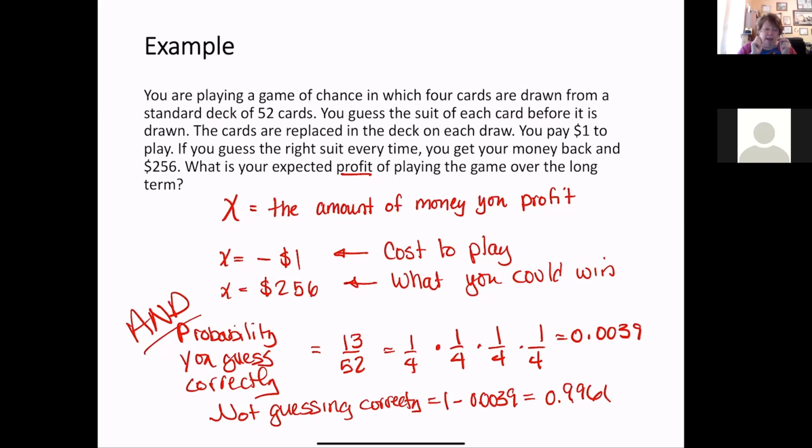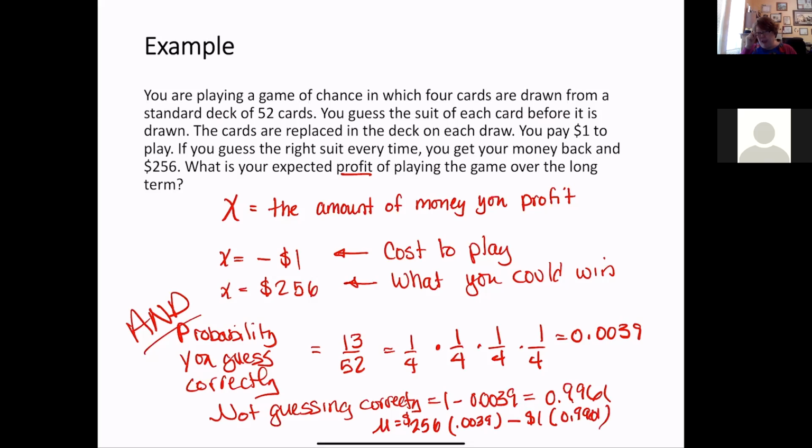So if you add those together, so mu, I'm out of room down here, is the $256 times the probability that you guess correctly, minus a buck, times the probability that you guess incorrectly.